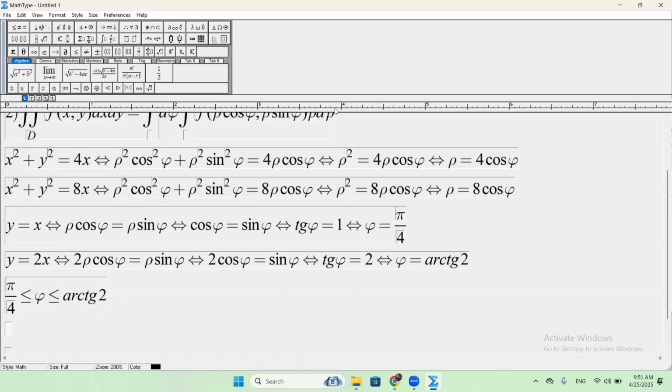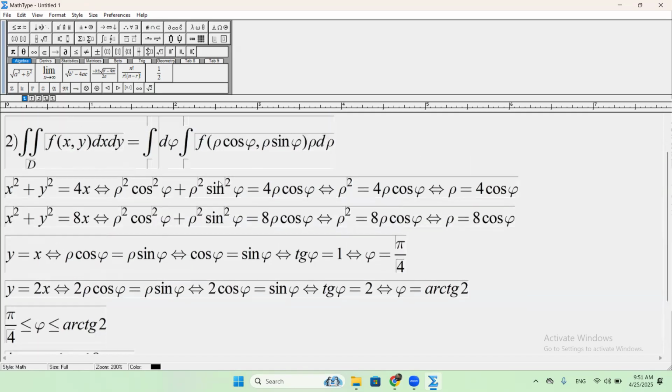Yeah, such hotkeys are a little bit not convenient. And rho changes from 4 cosine of phi to 8 cosine of phi. So here are our limits of integration.